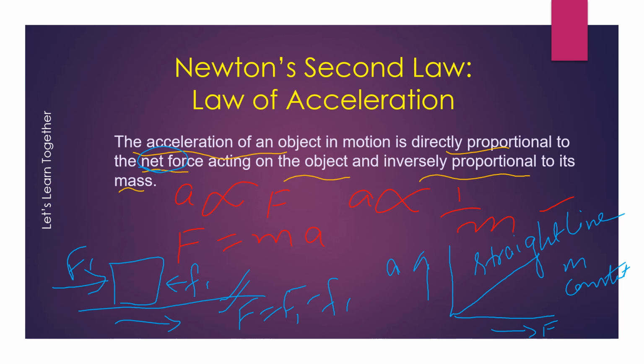Acceleration is something which will define velocity instead of speed. What is the difference between speed and velocity? Speed with its direction. When we define speed with a direction, that is known as velocity, and that velocity of an object is defined by acceleration, right?